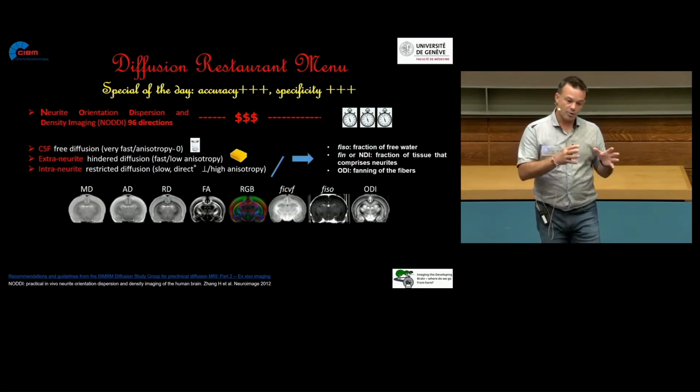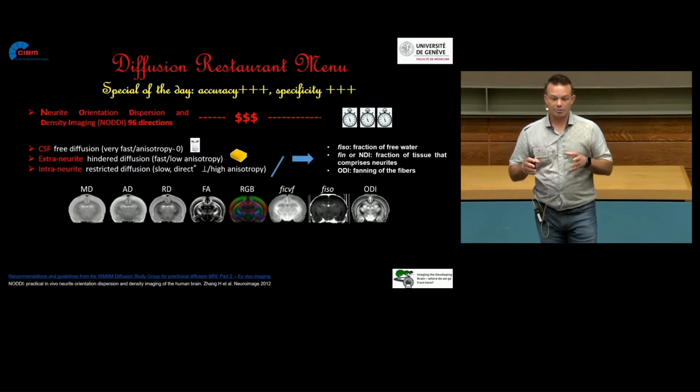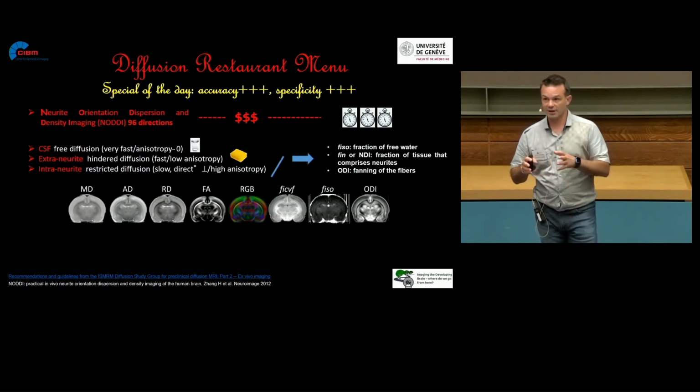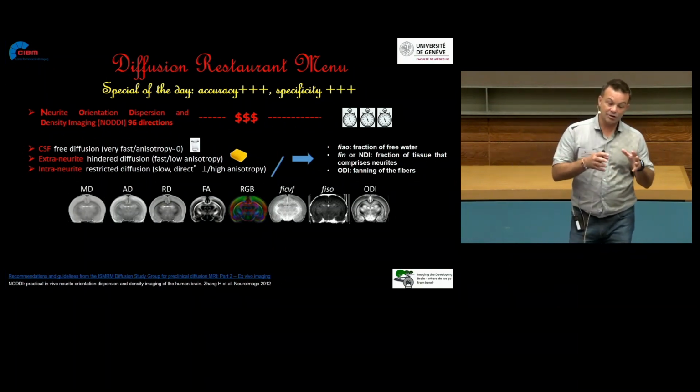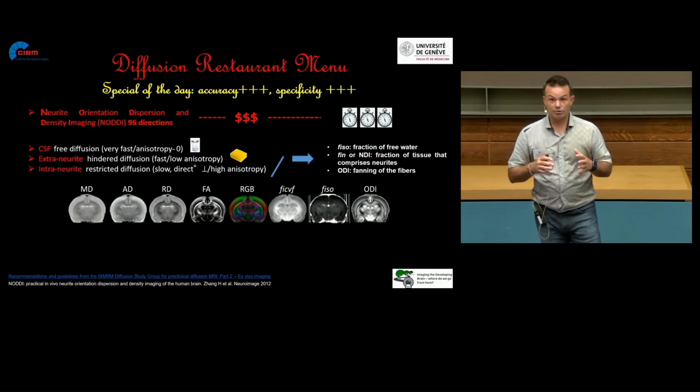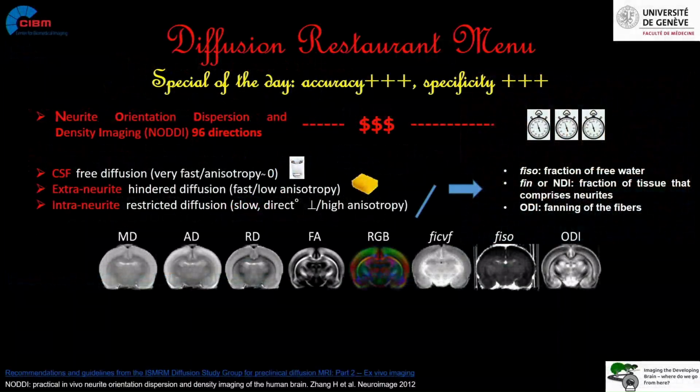The extraneurite compartment, which is characterized by a hindered diffusion with fast diffusivity and low anisotropy. And the intraneurite compartment, which is characterized by a restricted diffusion, meaning a slow diffusivity when you are perpendicular to the fibers, and high anisotropy.